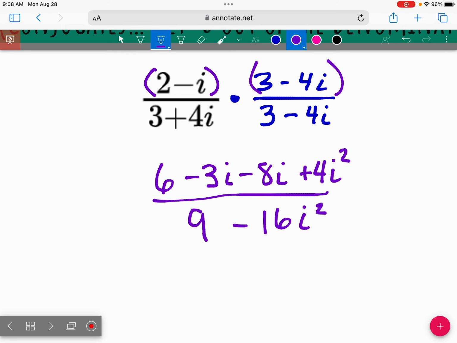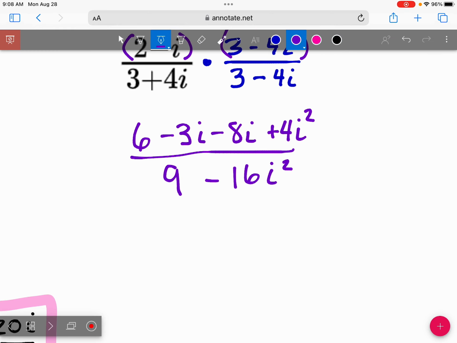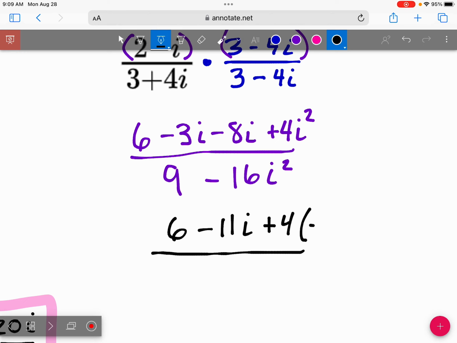Okay? Questions on that part? Because that's the hard part here. Everything else is simplifying. So my numerator, we have 6 minus 11i plus 4. How do I write i squared? Negative 1. And again, in the denominator, we have 9 minus 16 times negative 1.